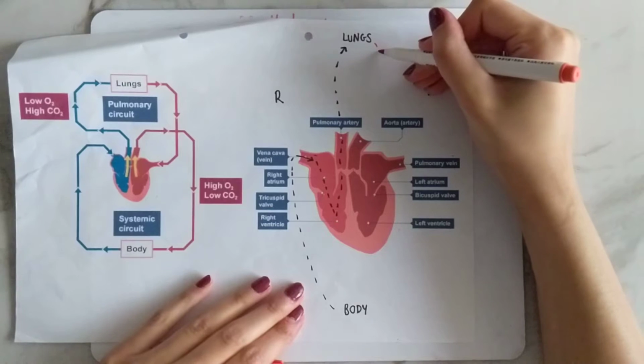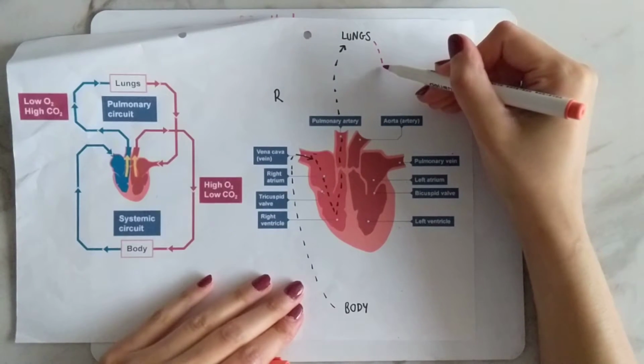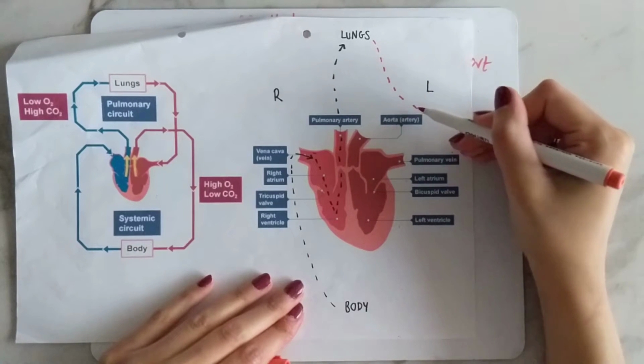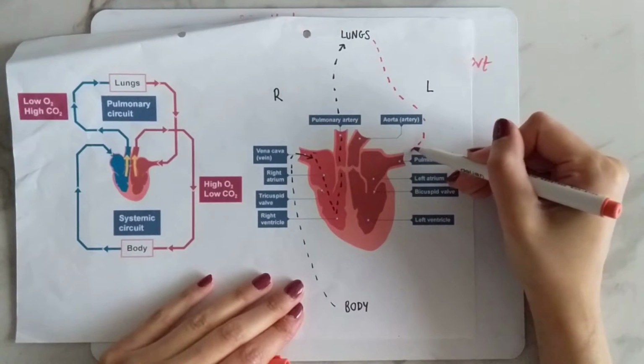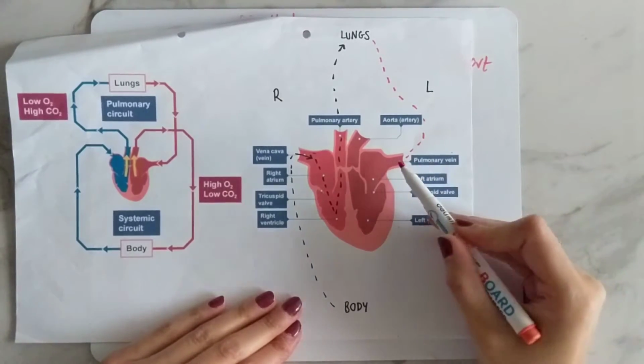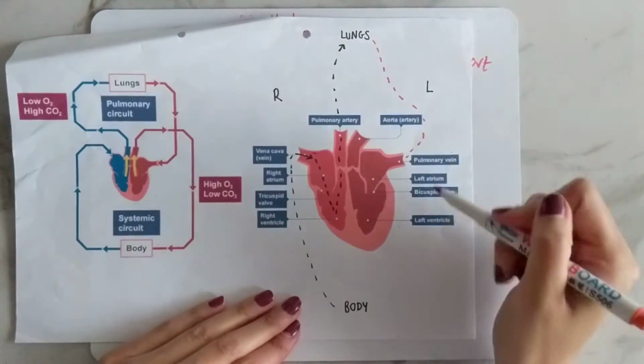and then this reoxygenated blood comes back to the heart, but it comes back through the pulmonary vein. Again, pulmonary vein because it's between the heart and the lungs.